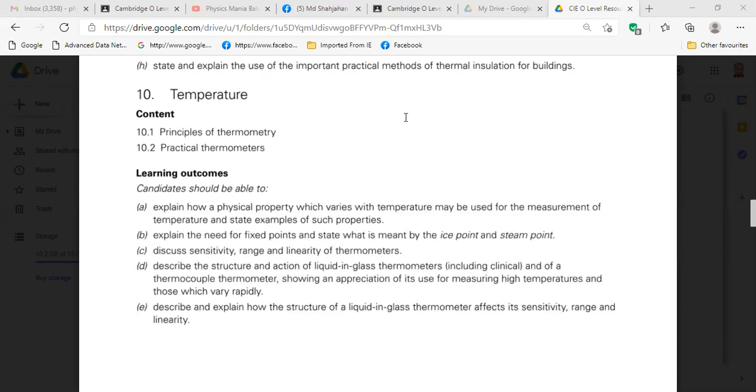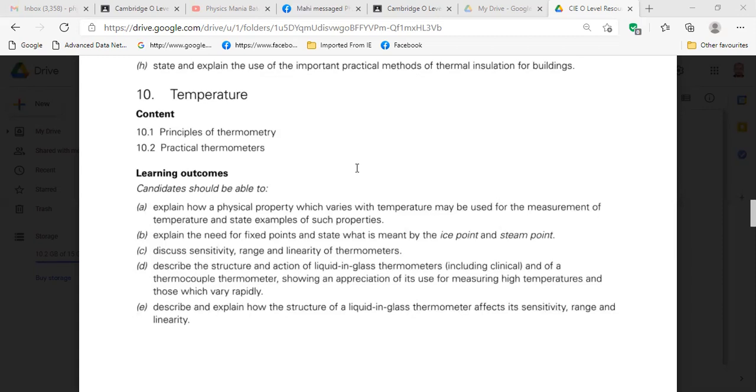So we can calibrate a scale here with the temperature change and the EMF production, and thus we can make a thermometer that is called thermocouple thermometer. This is a very special type of thermometer, which is mainly used for industrial purposes, where we have to measure very high temperature and rapidly changing temperature.